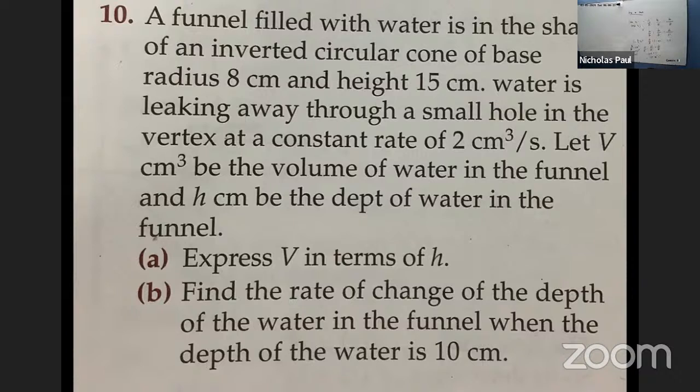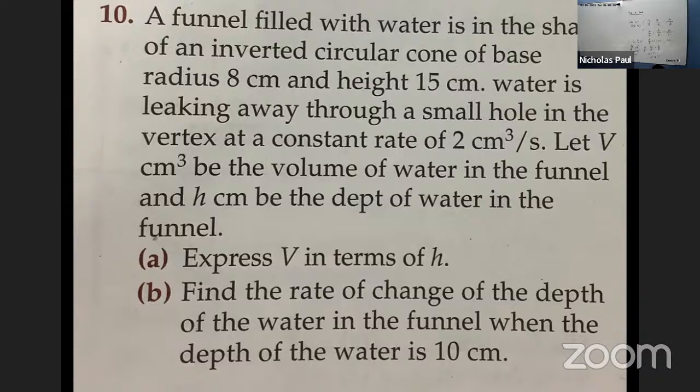So a funnel filled with water is in the shape of an inverted circular cone, base 8 centimeters, height 15. Water is leaking away through a small hole in the vertex at a constant rate of 2 centimeters per second. Let V be the volume of the water in the funnel, and H the depth of the water.